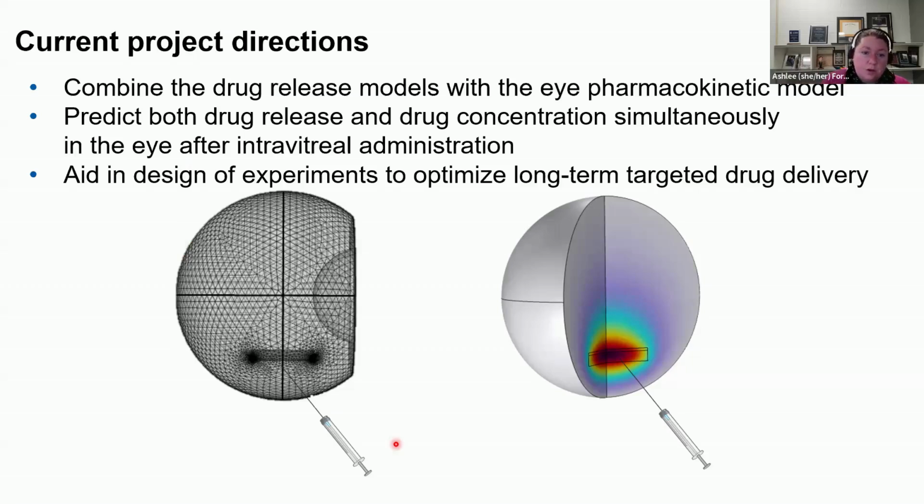My students are working on, if we didn't use an injection and we use these microspheres, what's the right design of the microspheres to keep the drug above some target threshold, reaching the back of the eye for as long as possible. So we're using those to think about design of experiments, but also to design rules for optimizing these drug delivery devices. There are lots of future directions here, but enabled by ordinary differential equations and partial differential equations.